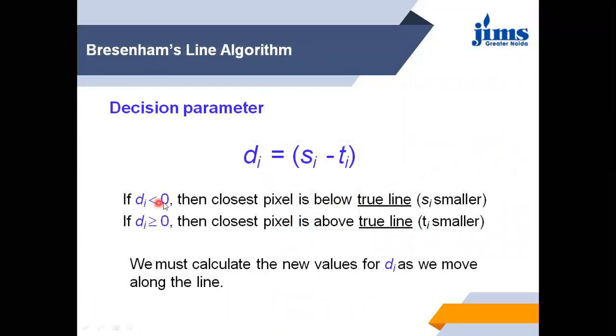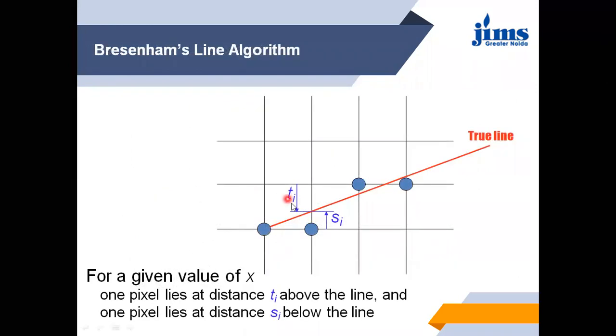If di is less than 0, suppose the value of this is 3 and the value of this is, for example, 5.